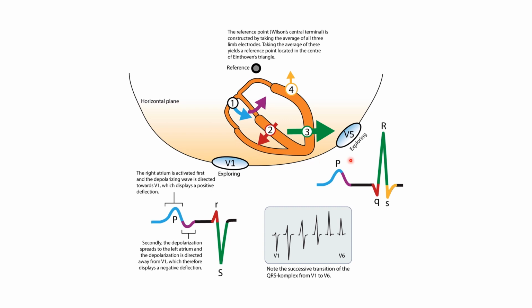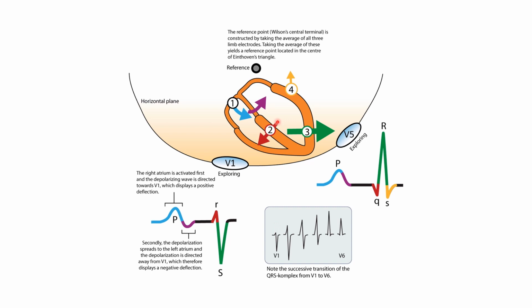There are much more detailed diagrams of this, but I like this one because it shows us that the Q wave is the small depolarization towards V1. So we see that in V1, we have a small positive deflection.